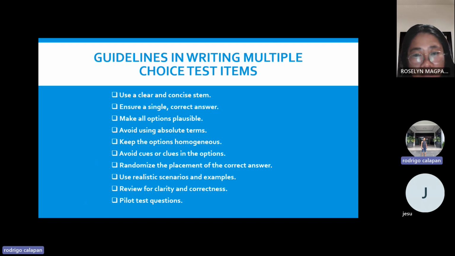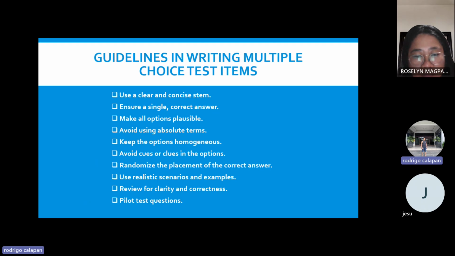Now we have to use a clear and concise stem. The stem is the introductory part of the question that poses the problem or presents a scenario.